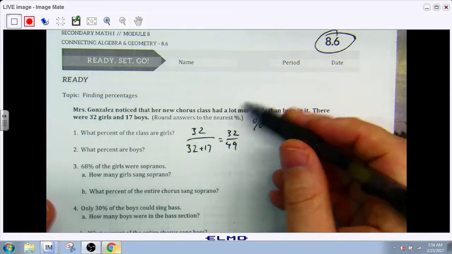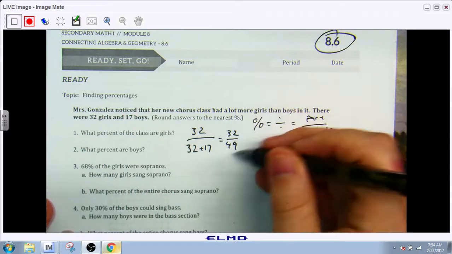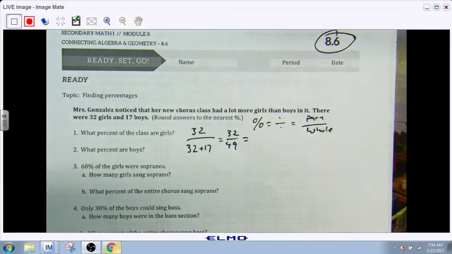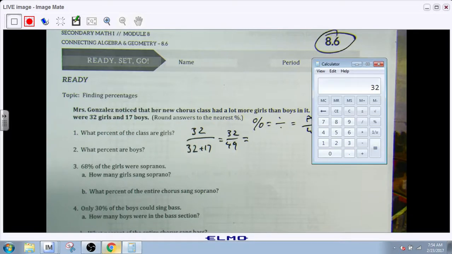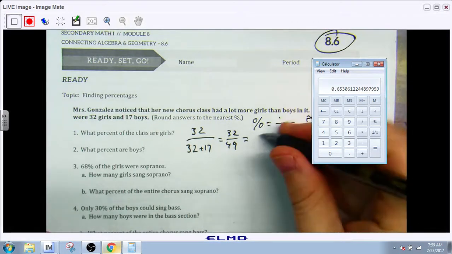And then from here, that's going to be what we enter to figure out what our percentage is. So I'll go ahead and pull up my calculator. I'll do 32 divided by 49, and I see that I get 0.6530, and so on.